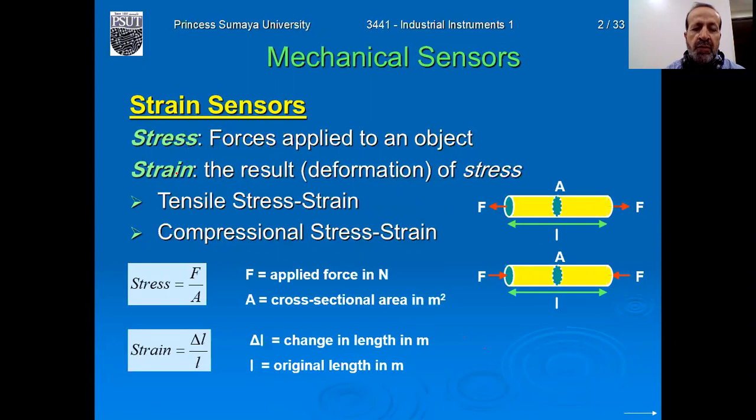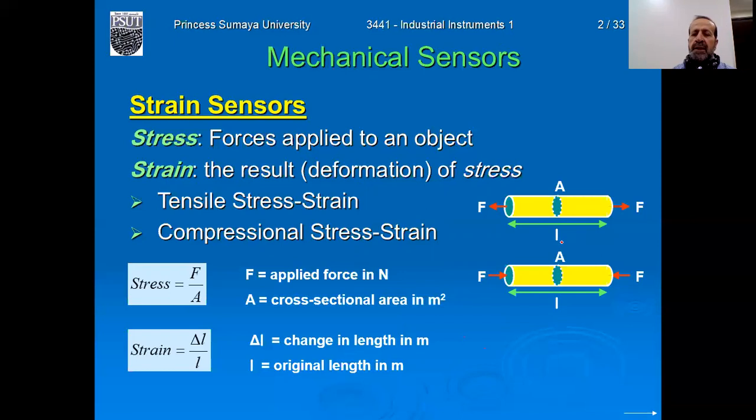So again, what is the meaning of strain? Strain is the result or deformation of a stress. For example, if we have a metal rod here with a cross-sectional area A and a length L, if we apply a force in this direction, then this will cause a strain, and the type of this strain in this case is tensile, because due to the force here, the length will be increased by a certain amount, usually a small amount.